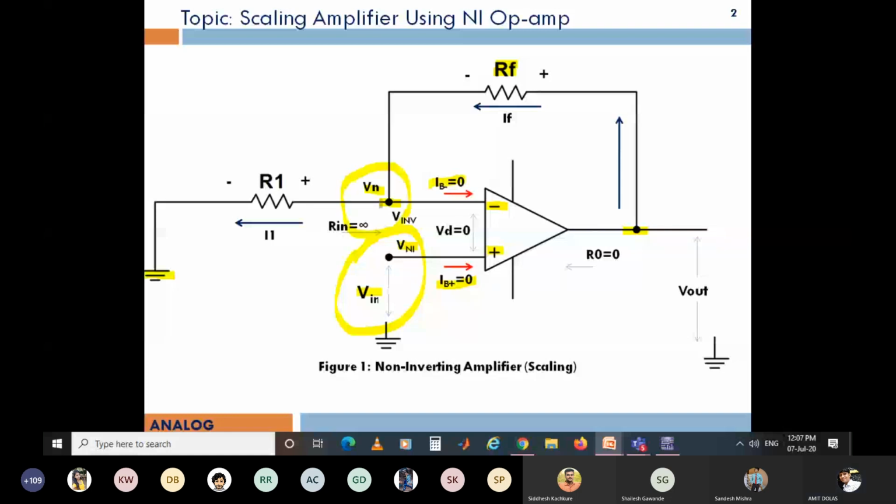And if I ask what is the voltage of node Vn, of course the voltage at node Vn will be similar, which is Vin. Then we'll move to the output equation of this circuit. So I'll move to the next slide.